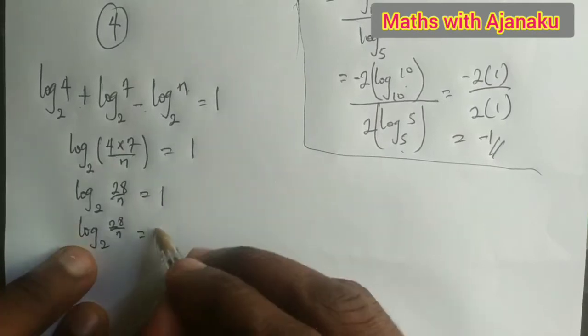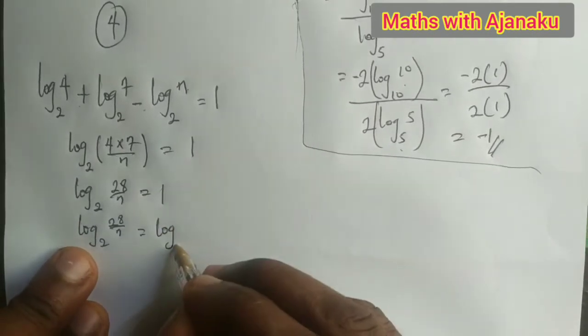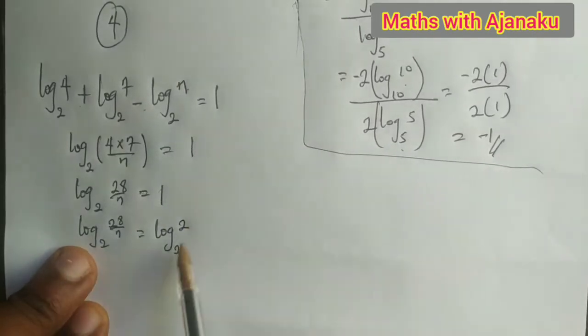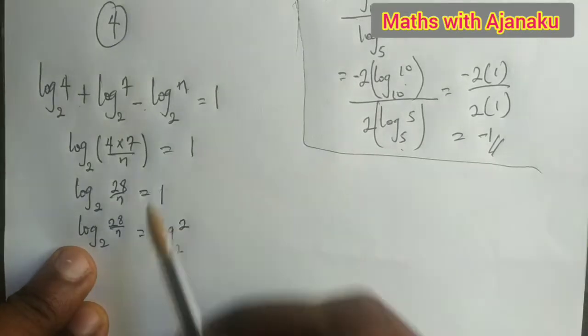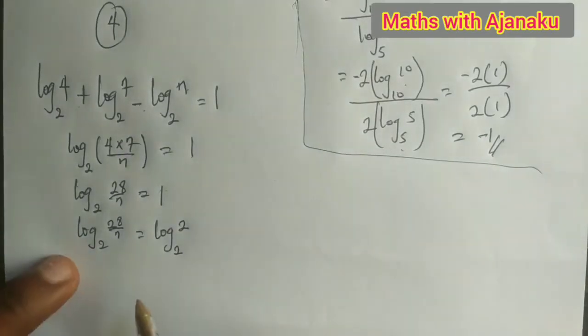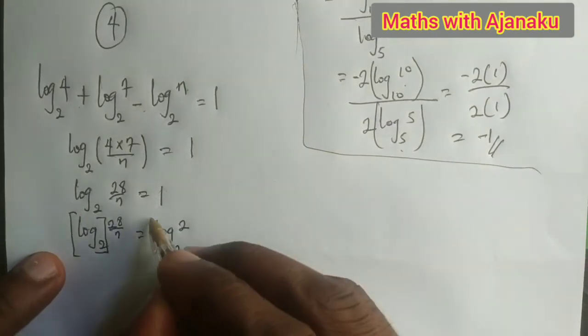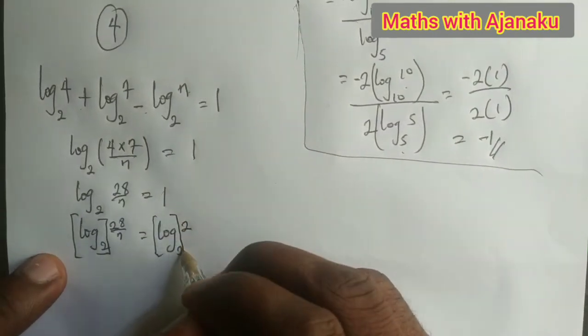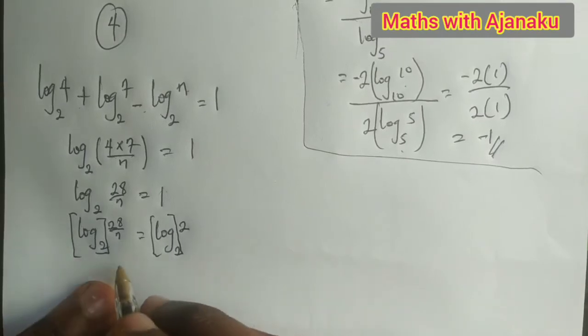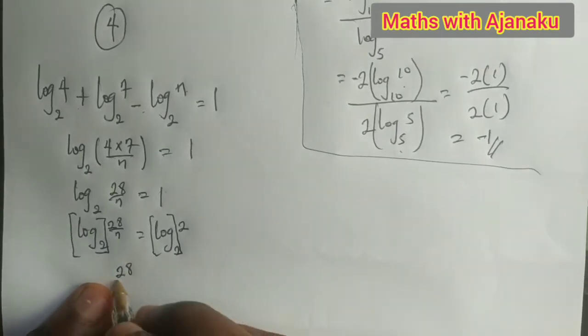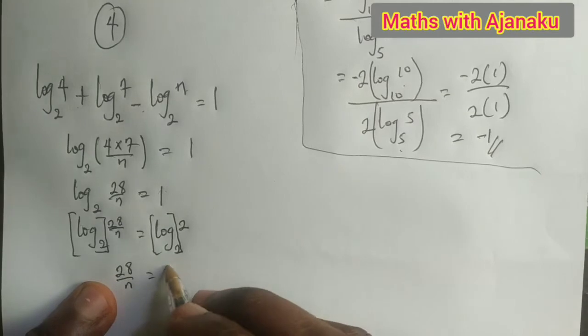Log base 2 of 2 should give me 1. So log base 2 is common, so we can divide through by log base 2. By so doing, this becomes 28 over n equal to 2.